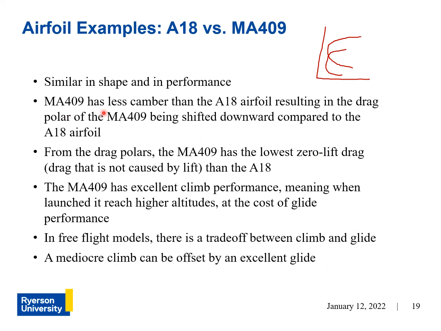So if you have less camber, your drag polar is shifted downwards. However, or rather, because of that, it has an excellent climb performance. So less camber means better climb performance, but at the trade-off of glide performance.